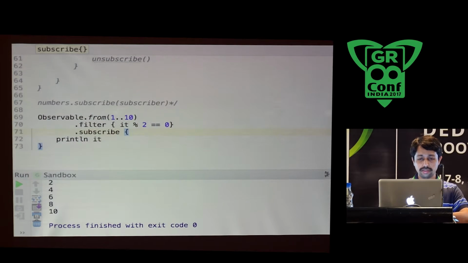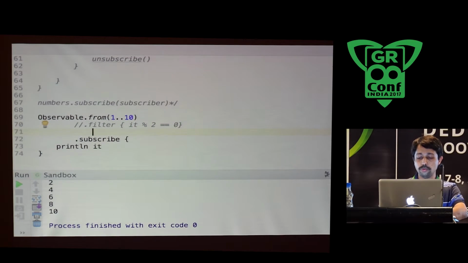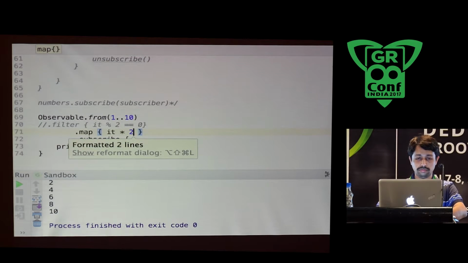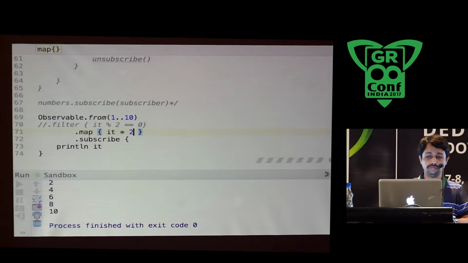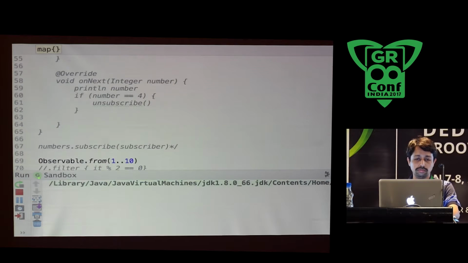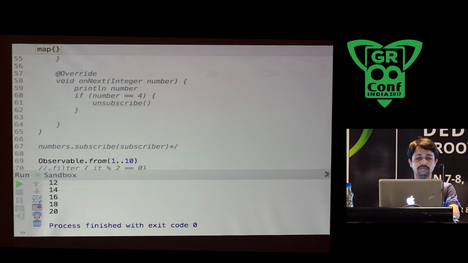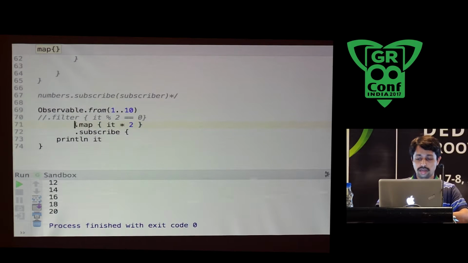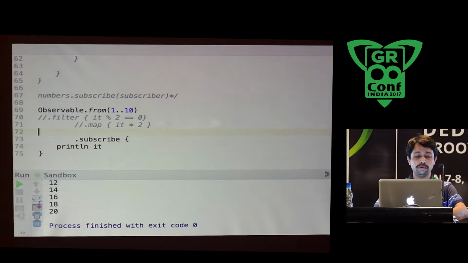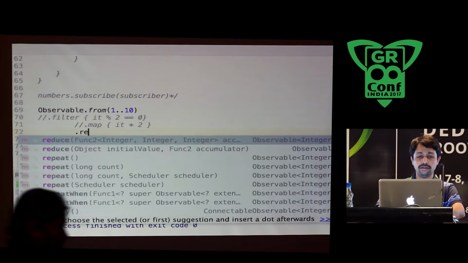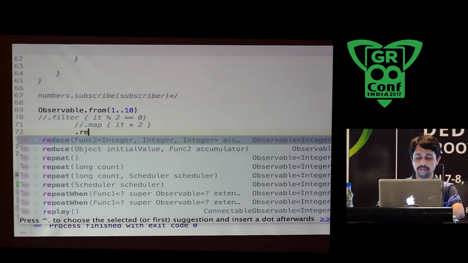Now let me say I just want to do a map, and I just want to multiply it by 2 or double it and return it. So all numbers are doubled here. And suppose I want to reduce it or calculate, find out the sum of that.